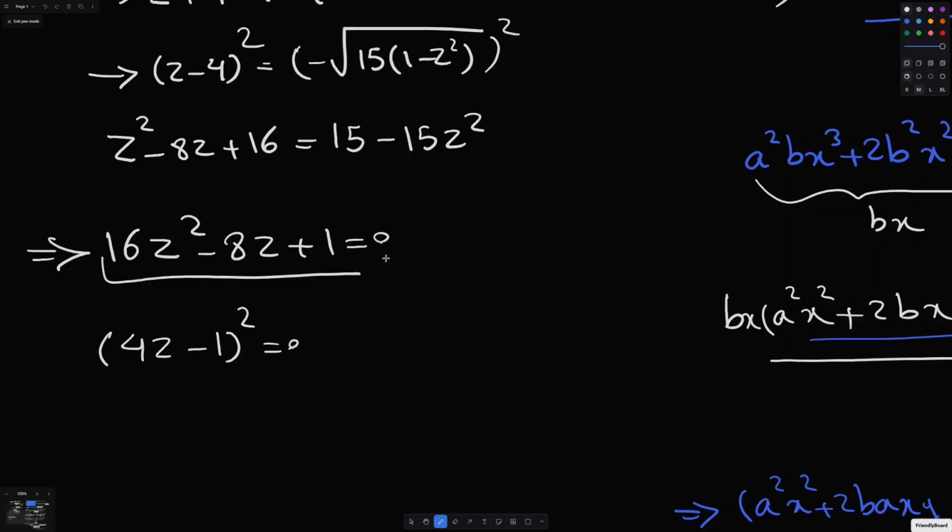I'm not going to spend more time to solve this. If you want, just try to get the delta, and from there you can solve it. This is going to be divisible because you have 8 here. So what we get from here is z equals 1 over 4. So that's the solution.